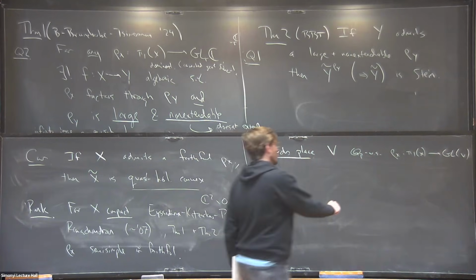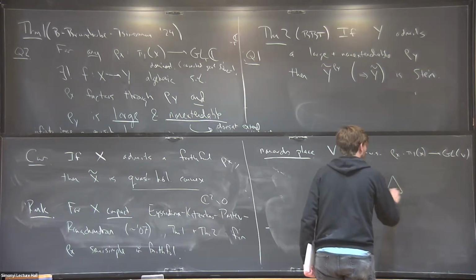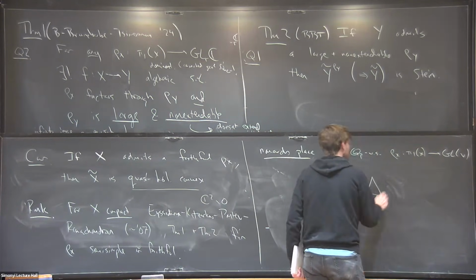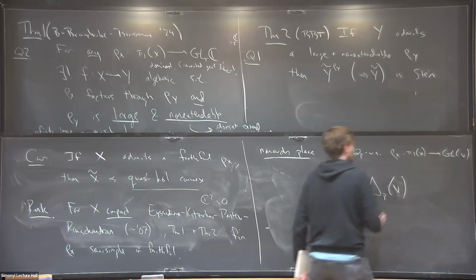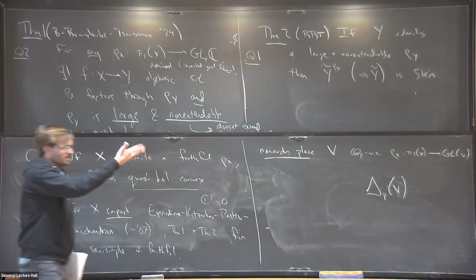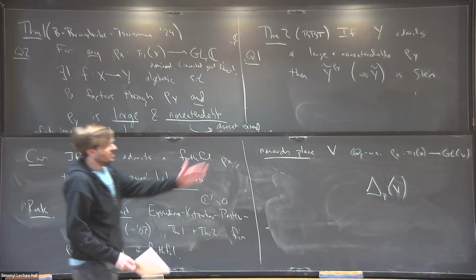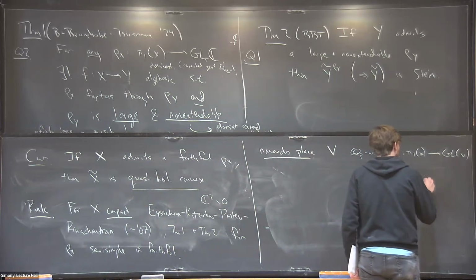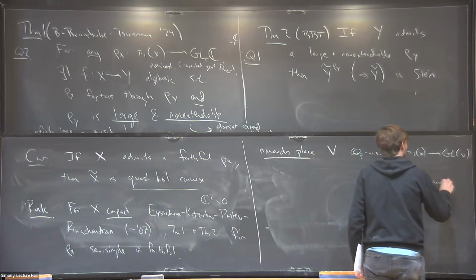And what should I put here? So delta, I'll call it delta sub P of V. And this should be the non-Archimedean version of a metric. So an ultrametric norm.